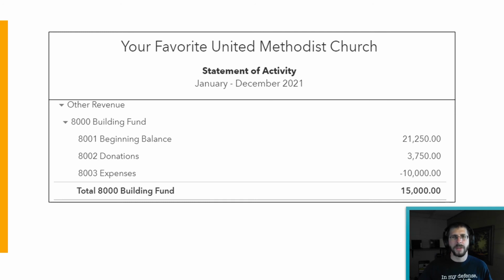This would show up right on your profit and loss or statement of activity. Your beginning balance, the balance of the fund at the end of last year, is what would normally be recorded in the equity section. But then you get to see the total amount of your donations, the total amount of your expenses, and then the subtotal ends up being the new fund balance. So you'd always have the fund balance reported right there, because if you track income and expenses for donor restricted funds on your profit and loss, and then you have your equity account, you're always flipping back and forth between reports.